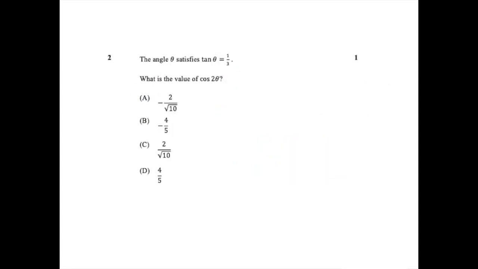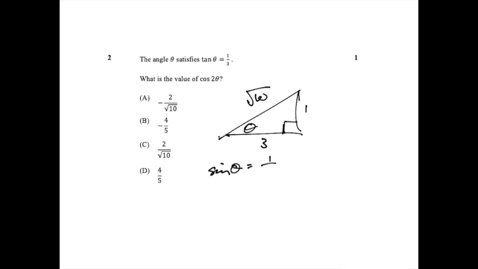Okay, question 2. The angle theta satisfies tan theta is 1/3. Find cos 2 theta. What you want to do here is draw a right angle triangle. If that's theta, then opposite is 1 and adjacent is 3. I can find the hypotenuse quickly with Pythagoras: that'll be root 10, which means sine theta is 1 over root 10 and cosine theta is 3 over root 10.